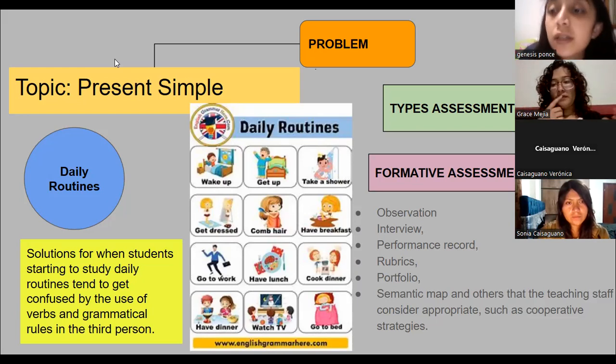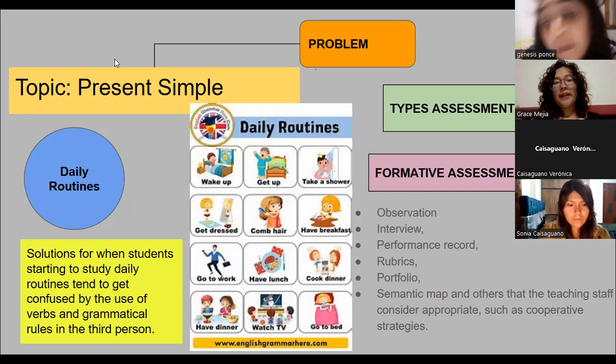It's the best option, formative assessment, because it helps students with special capacities.